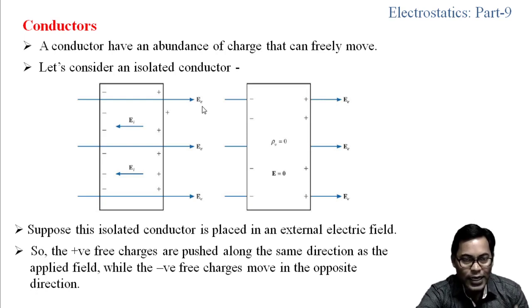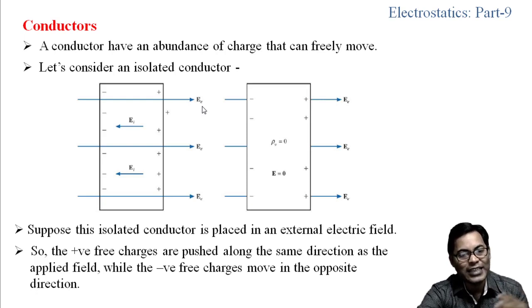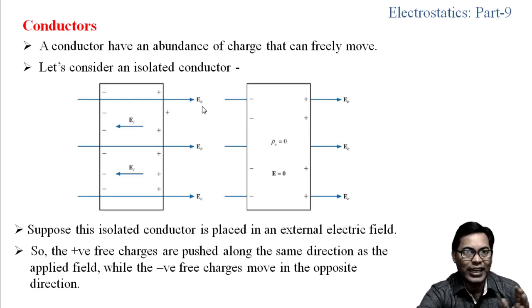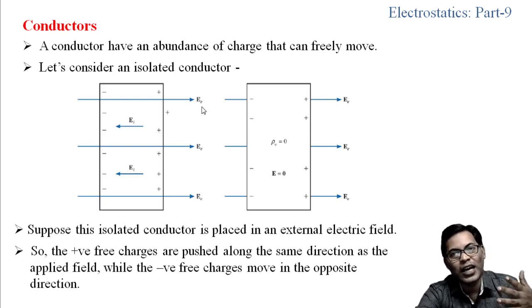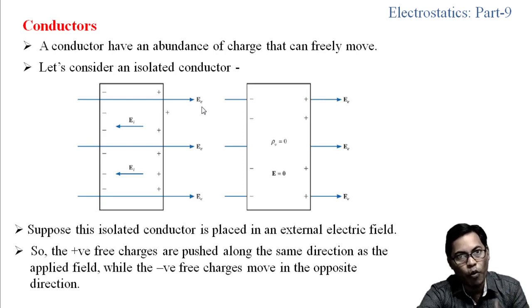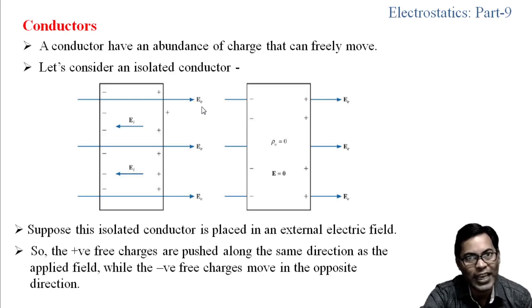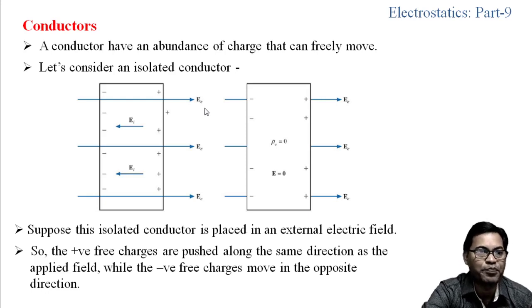Now when this isolated conductor is placed in an external electric field, the positive charges inside the conductor are pushed along the direction of the applied electric field, while the negative charges will move in the direction opposite to the external electric field.